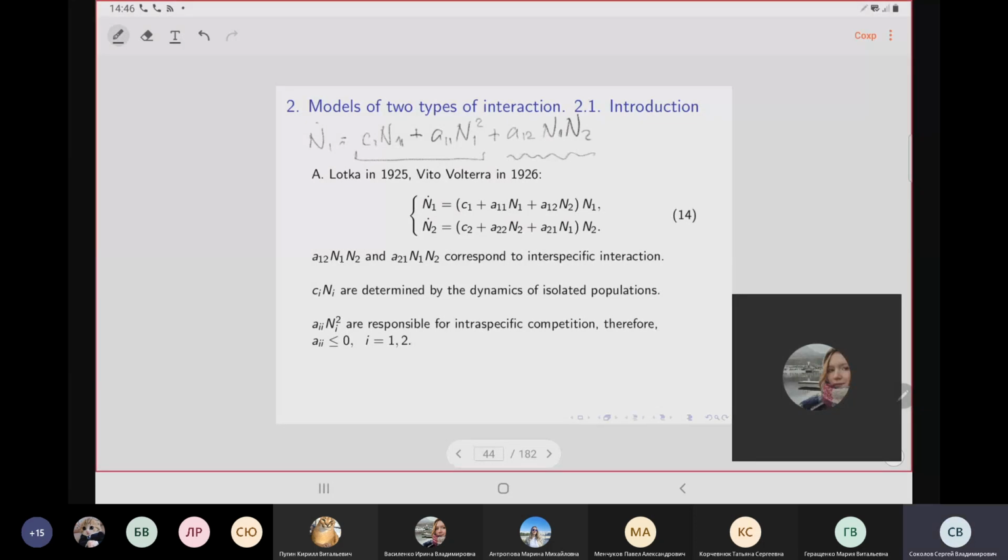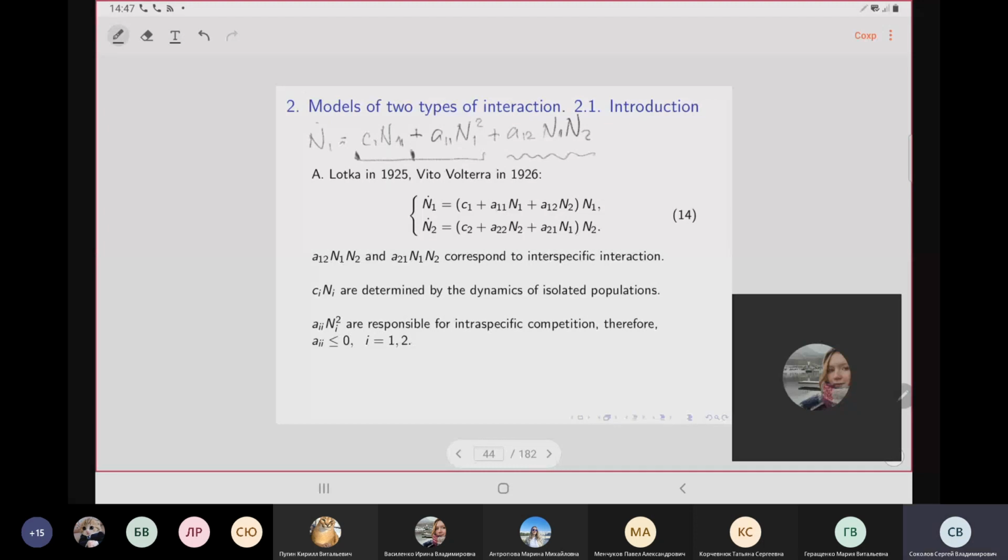If we come back to the previous model, we can see that c1 n1 is our fertility and mortality, and a11 n1 squared is the intraspecific interaction, the interaction inside one population. And the last one, a12 n1 n2, is the influence of the second population on the first.